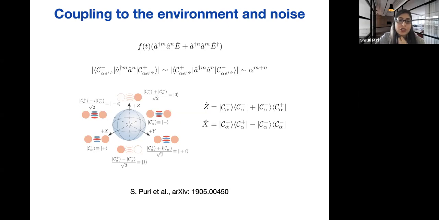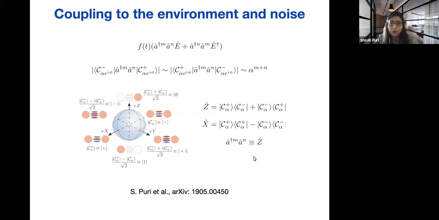To see this, you can just project this coupling to the environment within the C plus and C minus bases. And if you do that, you'll see that this term can couple C plus to C minus, and this matrix element becomes polynomially large with the size of the cat. So A dagger A is equivalent to a sigma Z operator.